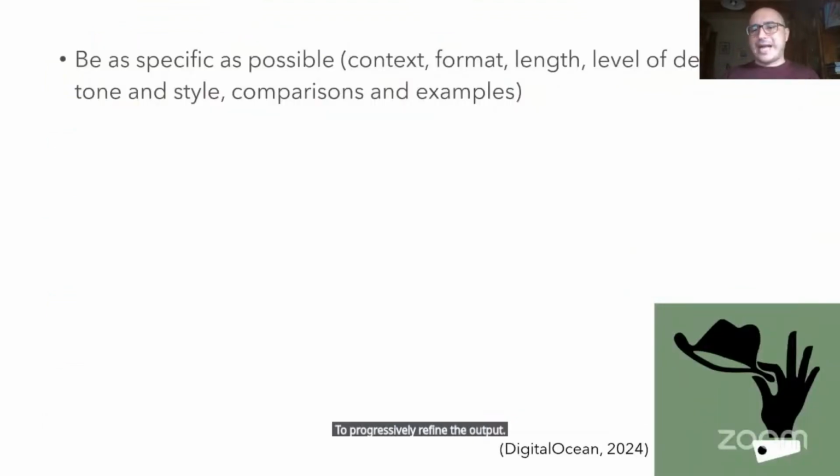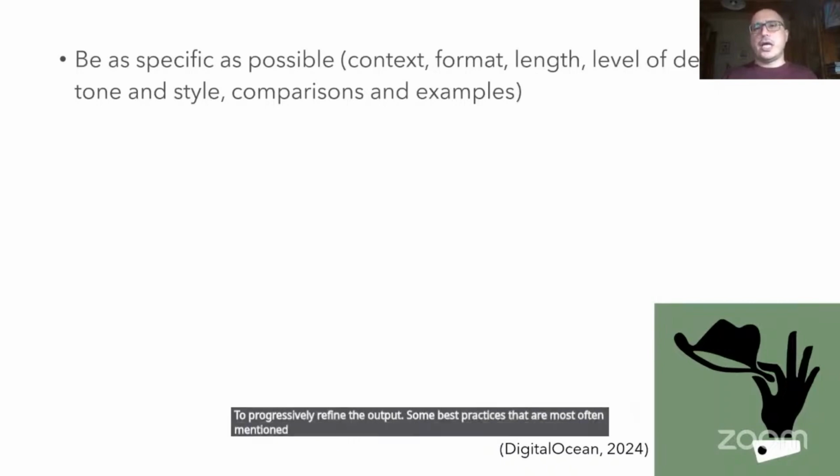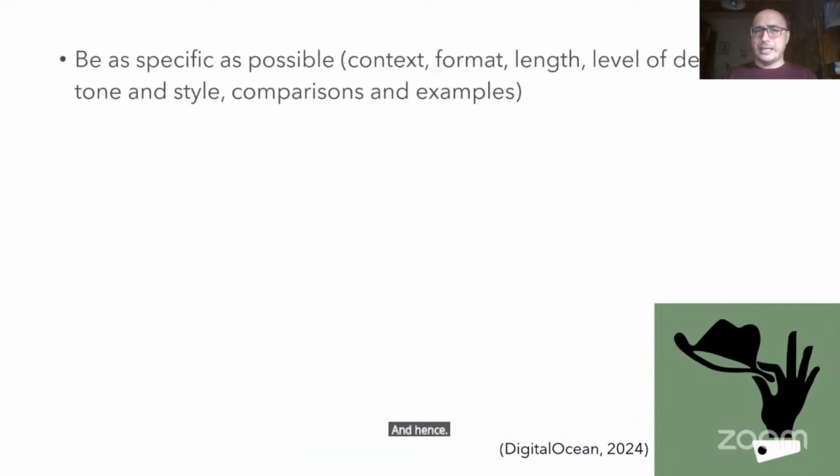Some best practices that are most often mentioned have to do with specificity. So the prompt needs to ultimately give enough information to the model in order for the model to understand what it is that we desire. And hence, we might need to explain the context.